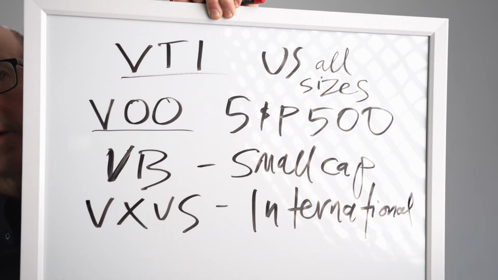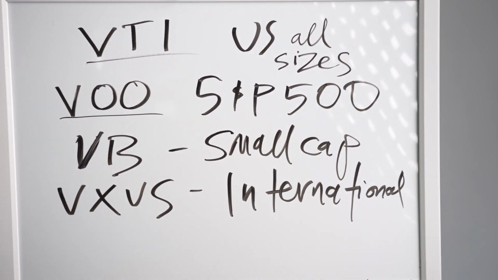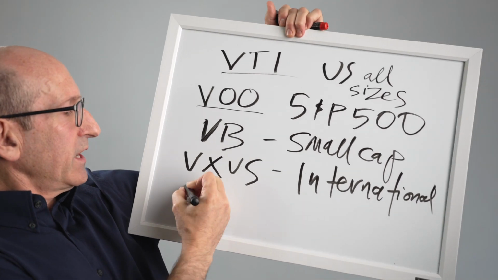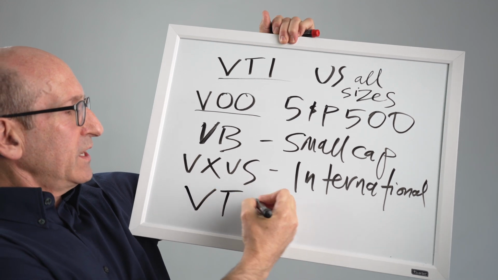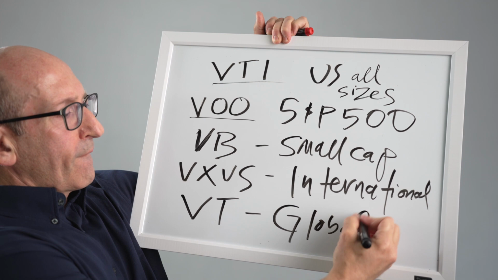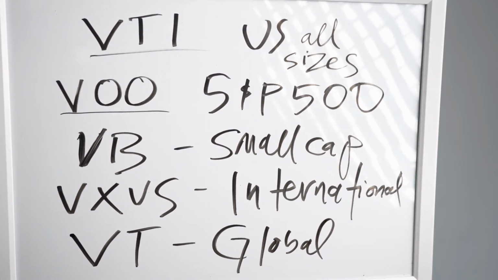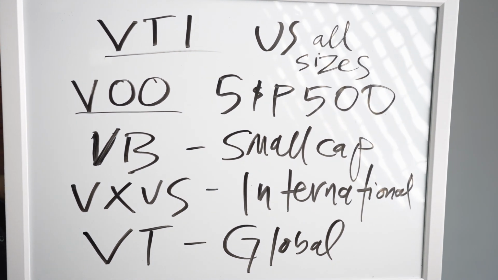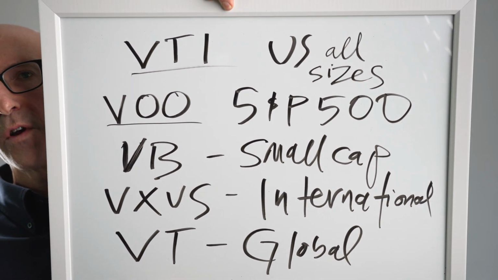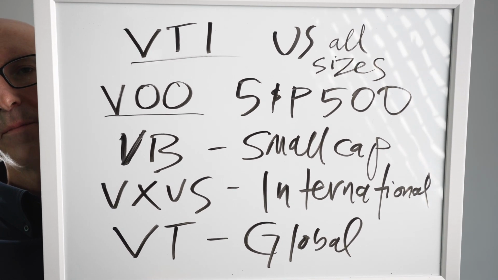So those are going to be all the companies around the world except not those in the US. And finally, VT, which is global. And that is for investors who want to own a little bit of every company in every country in the world. There may be a few companies publicly traded that don't make it into that portfolio, but there aren't many.